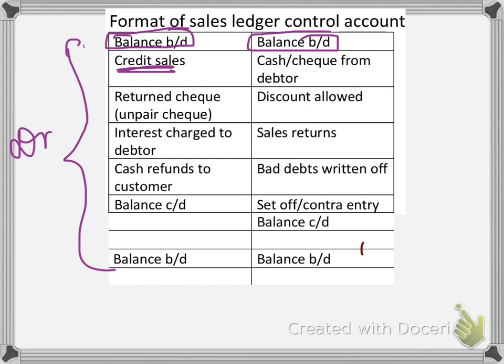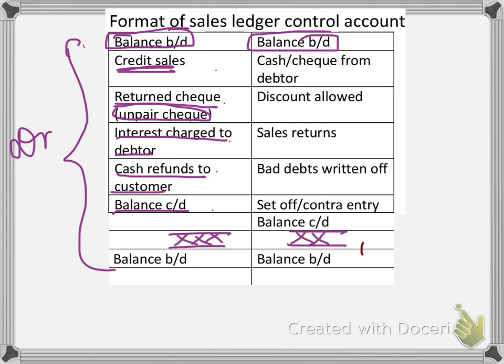Remember, we don't record the cash sales, we only record the credit sales. And then we record the returned check or unpaid check. We also record the interest charged to debtor and cash refunds to customer. Then we do the balance carried down. And remember, including balance carried down and brought down, there are 1, 2, 3, 4, 5, 6 items before the total. So this is the total.